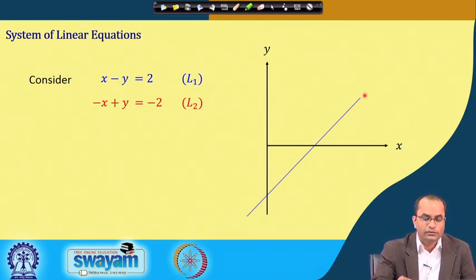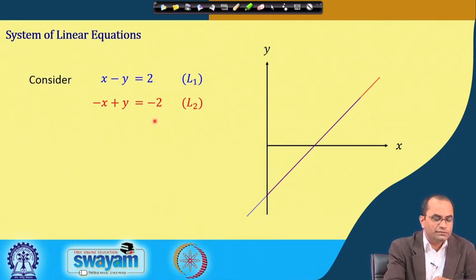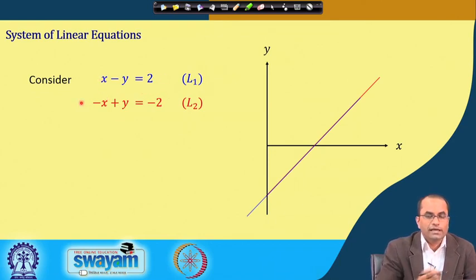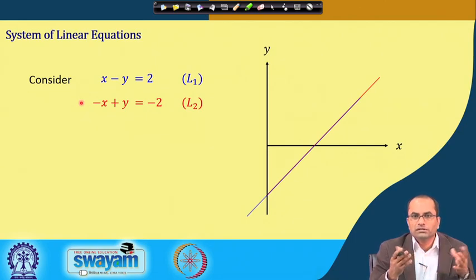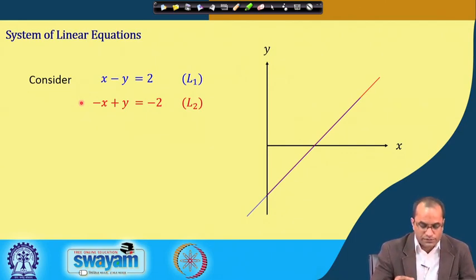Now if we draw minus x plus y is equal to minus 2, again we get the same line, because this is nothing but the same equation. If you multiply the second equation by minus 1, you will get the same equation. So, these are not two different equations, this is the same equation, we have only one equation, and therefore we get this line.